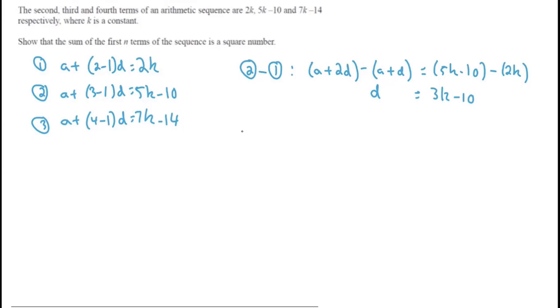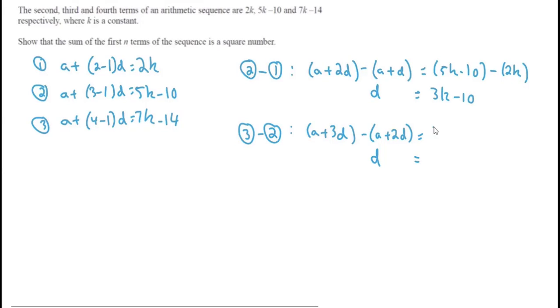If separately we were to do our equation 3 minus our equation 2, you'll end up with your a plus 3d minus a plus 2d from equation 2. So a minus a again disappears. 3d minus 2d again just leaves us with a singular d.